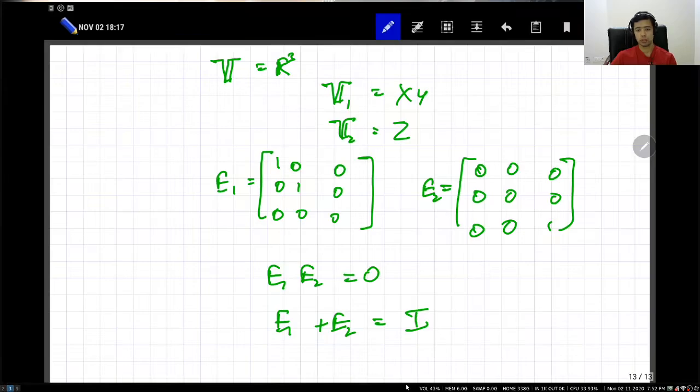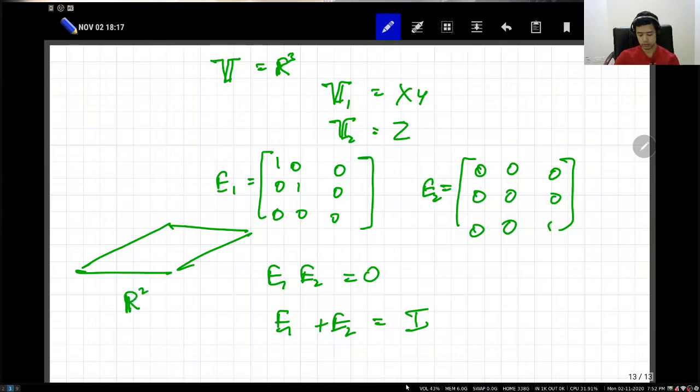In fact, this holds not just for this particular example, but you can construct other examples as well. For example, take an arbitrary plane, call this V_1.